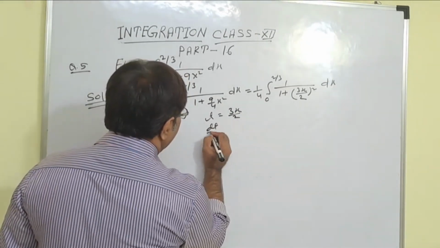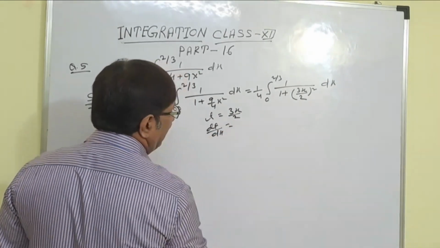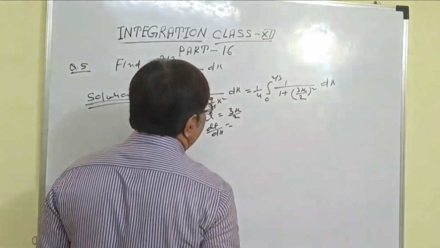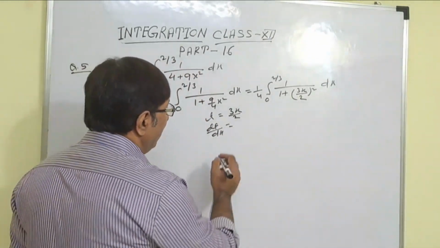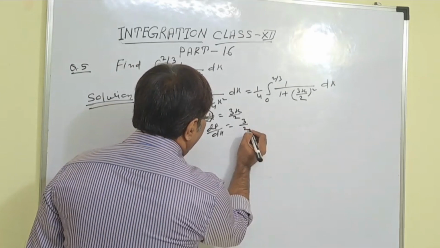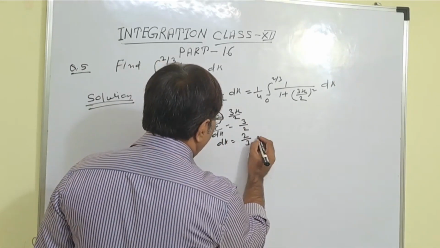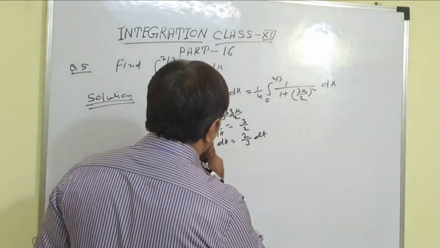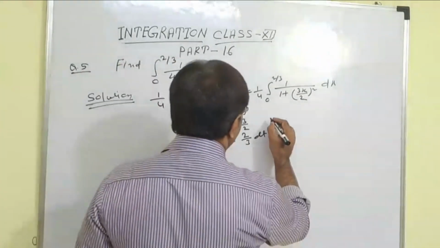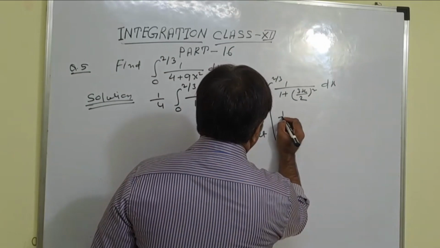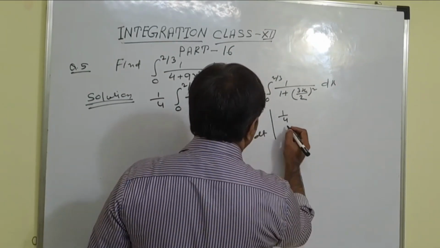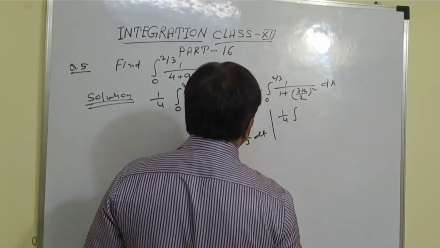Then dt by dx equals the derivative of x, which is 1, so we get only 3 by 2. So dx equals 2 upon 3 dt.